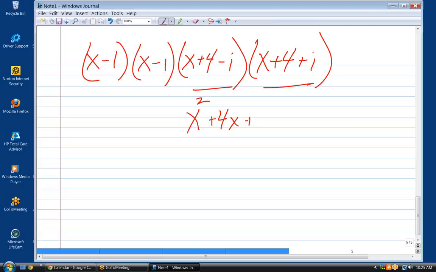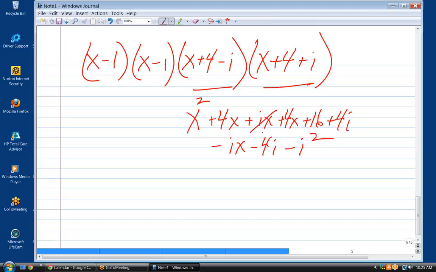Plus ix. Plus 4x. Plus 16. Plus 4i. Minus ix. Minus 4i. And negative i squared.